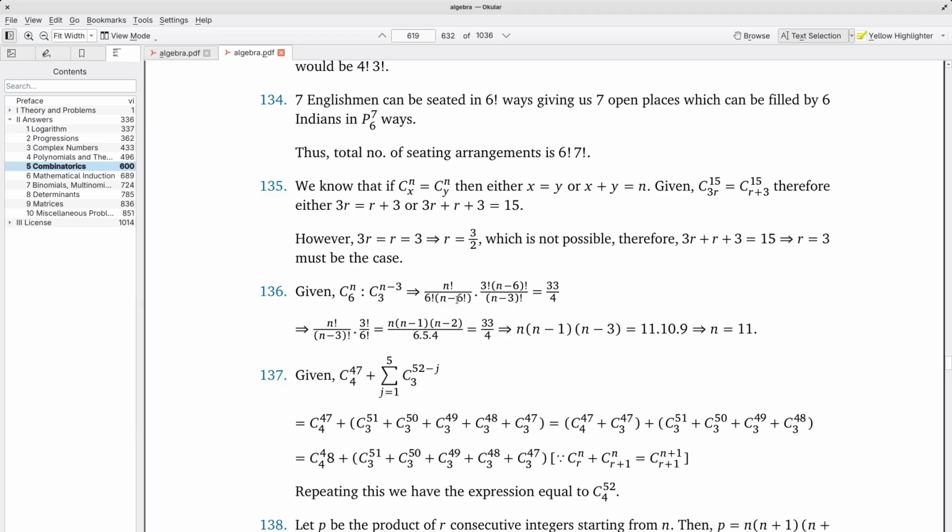So n minus 6 factorial will cancel out, and what we will have is n into n minus 1 multiplied by n minus 2 divided by 6 multiplied by 5 multiplied by 4. That is 33 divided by 4, which is given. So we get n into n minus 1 into n minus 2 is equal to 11 multiplied by 10 multiplied by 9, that is n is equal to 11.